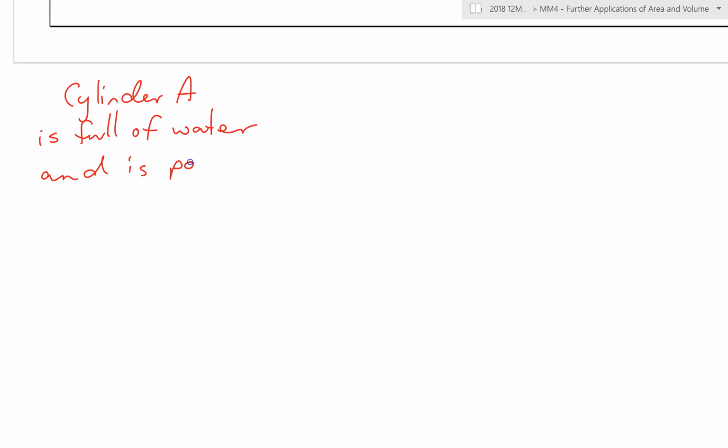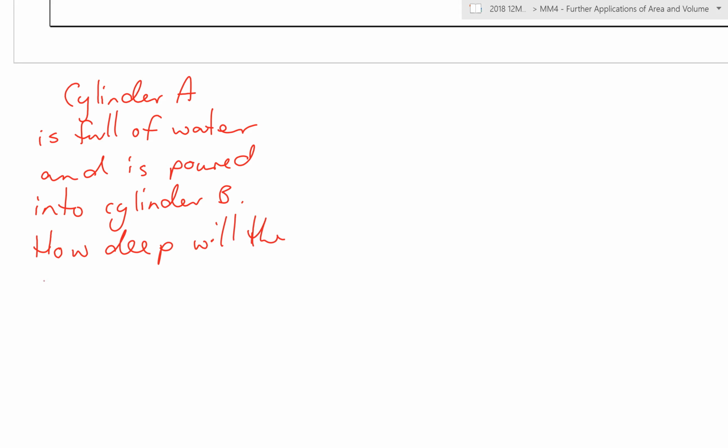So, I have cylinder A, which is full of water and is poured into cylinder B. How deep will the water in cylinder B be?